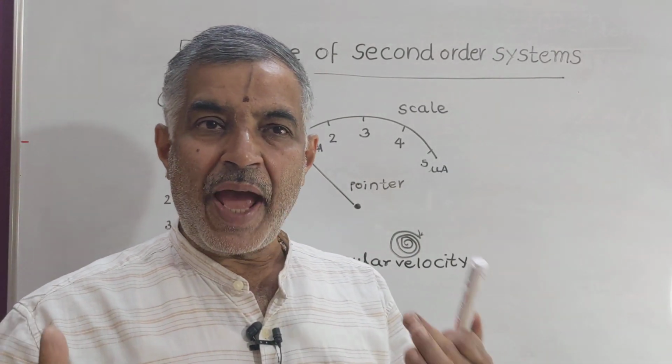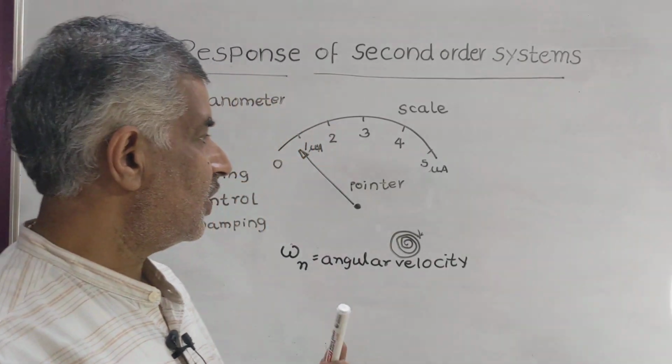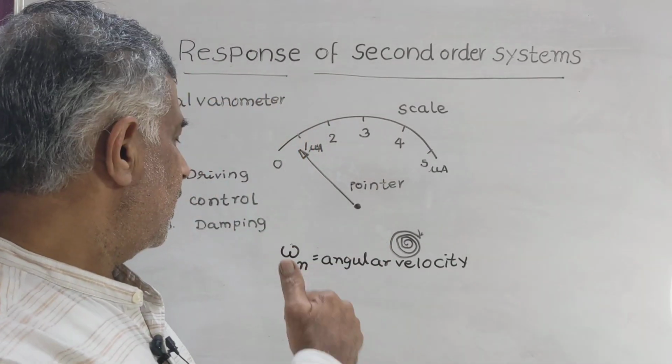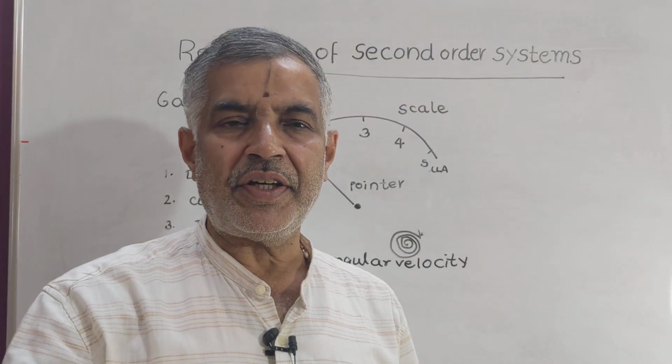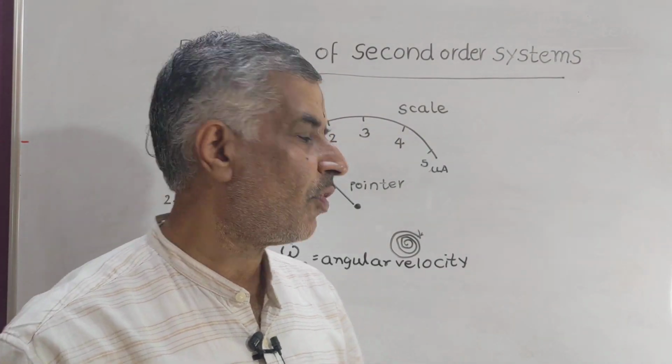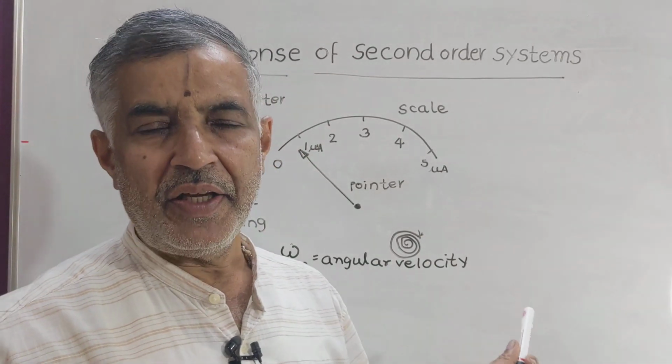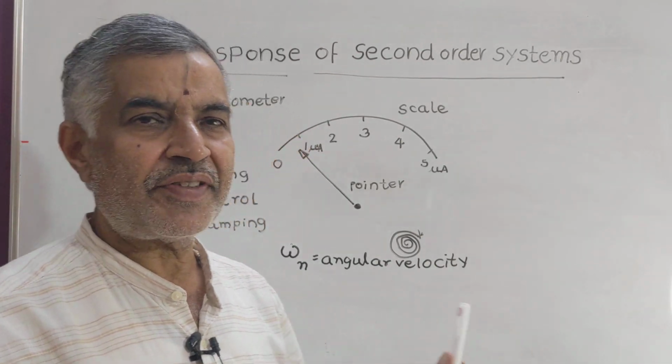So when damping becomes zero, the system oscillates, and it will have a certain angular velocity called omega n. It is expressed in radians per second.